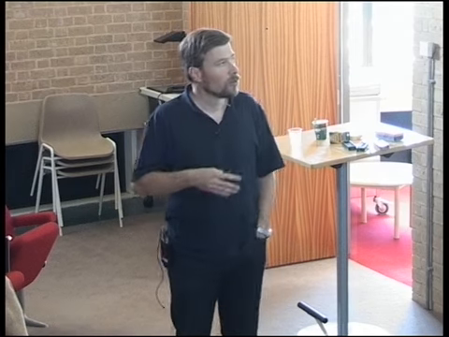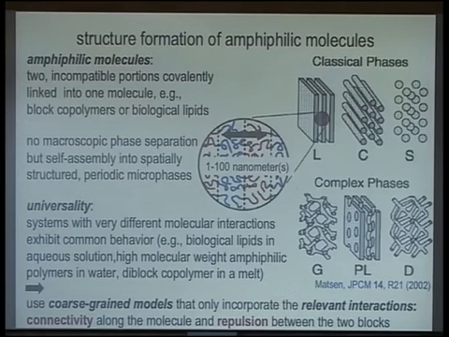You can find them in amphiphilic polymers like PEO-polybutadiene, where you have an aqueous solution, and you find them, of course, in lipid systems as well, where they form membranes or surfactant systems.